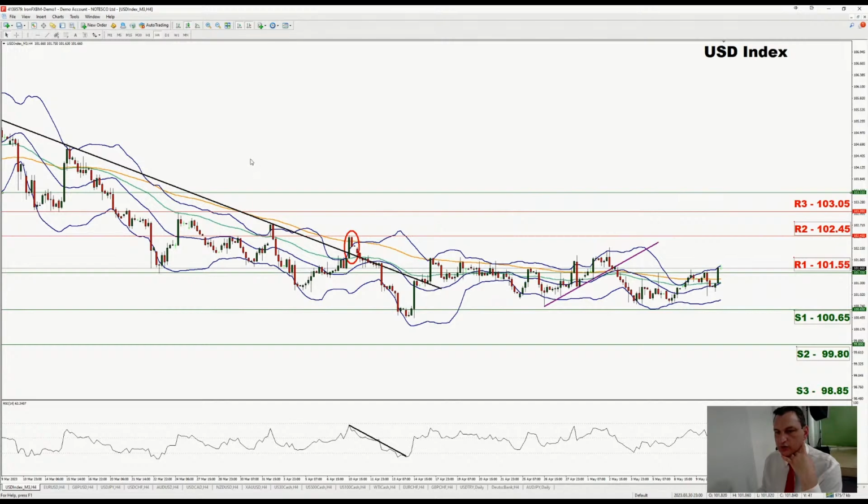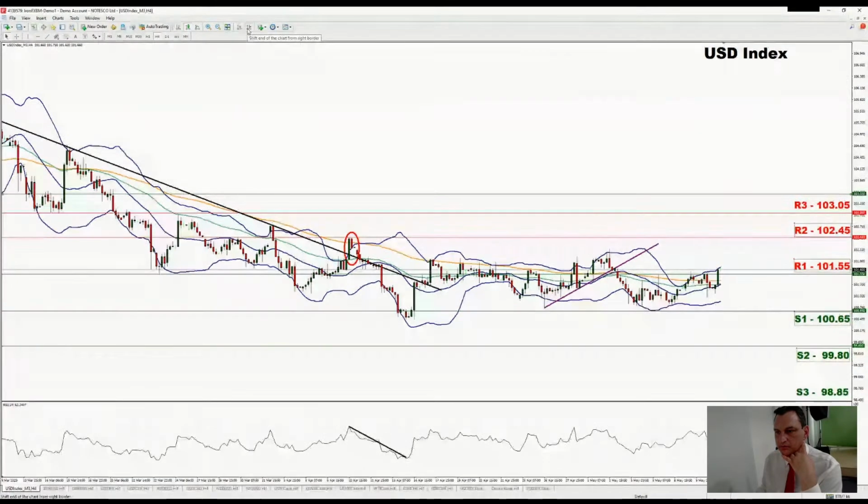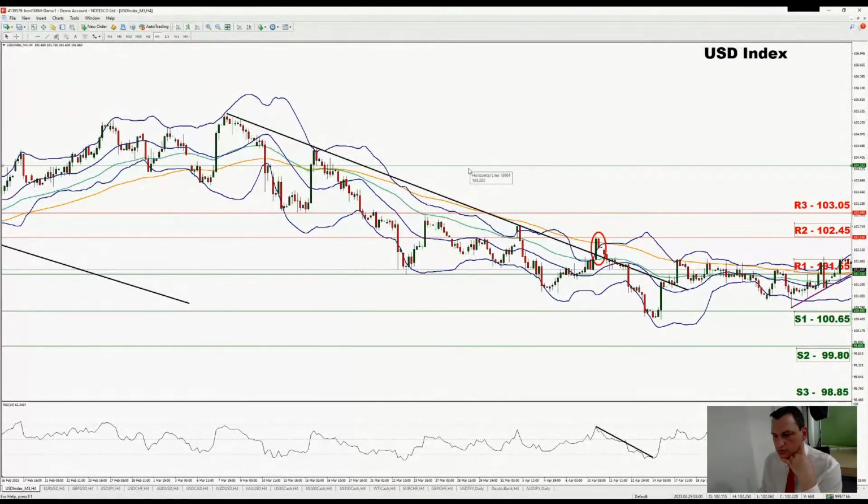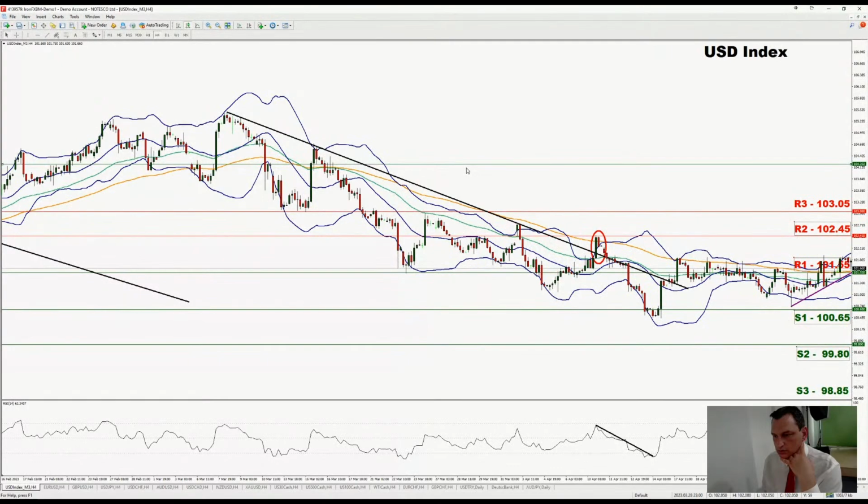So let's go hunting for a new ultimate resistance level. This is an interesting one. There was some commotion. Actually, I'm keeping it.